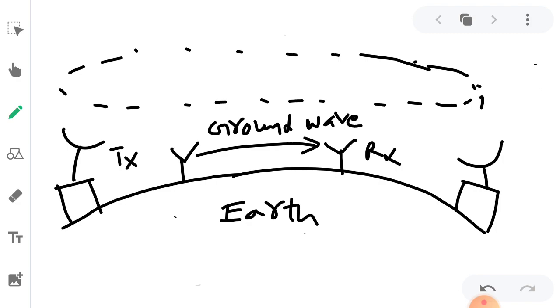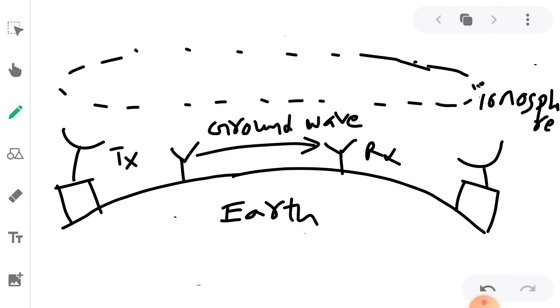Now this is the ionosphere. It starts about 90 kilometers above the earth's surface. Some books give 60 kilometers, some give 80 kilometers, up to around 450 kilometers above the earth's surface. This is called the ionosphere.